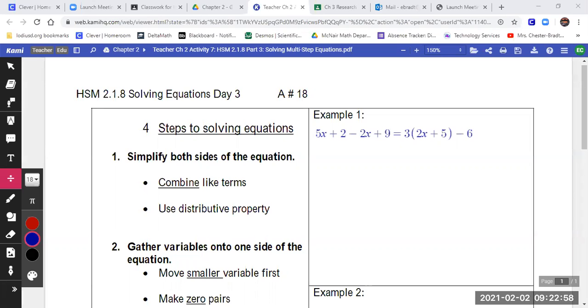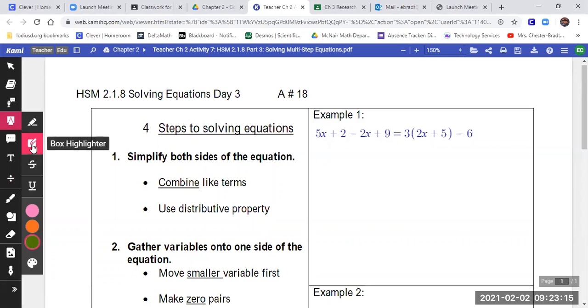So we're going to go ahead and clean up the left side first. We're not going to worry about the right side yet. So I need to combine like terms. We're going to highlight the things that are considered like terms. I found that using the box highlighter works better.